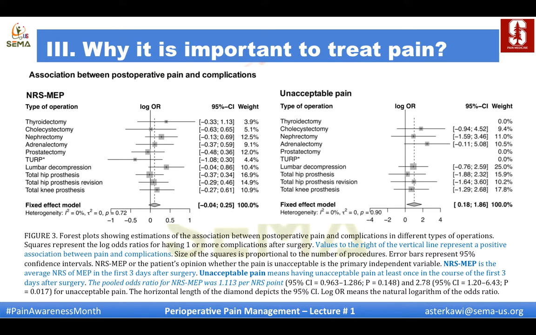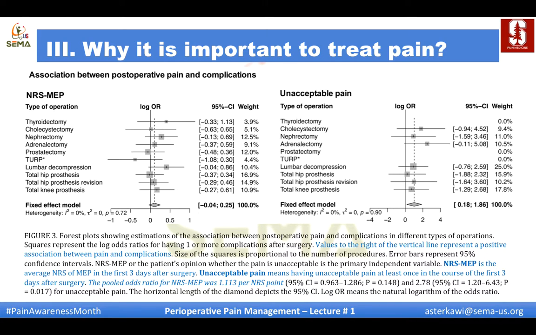These are some results from the study. Values to the right of the vertical line represent a positive association between pain and complication. As you see, those who developed moderate to severe pain, all except one, had a statistically significant increase in the odds ratio of having complications. For those who reported unacceptable pain, the log odds ratio also increased, favoring developing more complications.